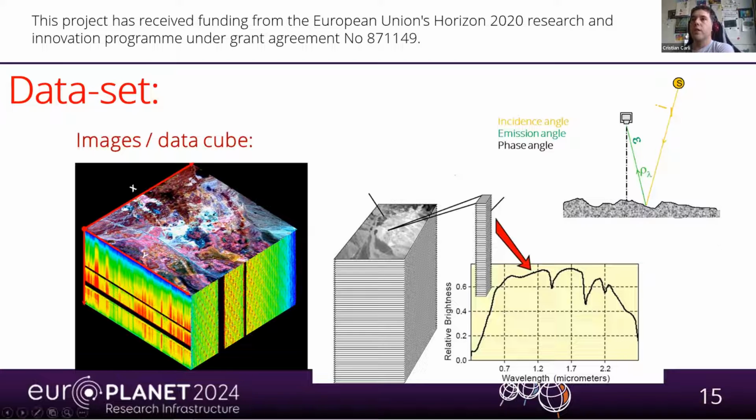So the angle at which the light from the sun arrives at the surface, and the angle that the instrument has with respect to the same point at the moment of the acquisition. But even better, this can be done if we consider the topography of the surface at the best resolution that we can have, to correct for the true geometry. So not only the one related to the position of the sun and the instrument, but due to the different surfaces.